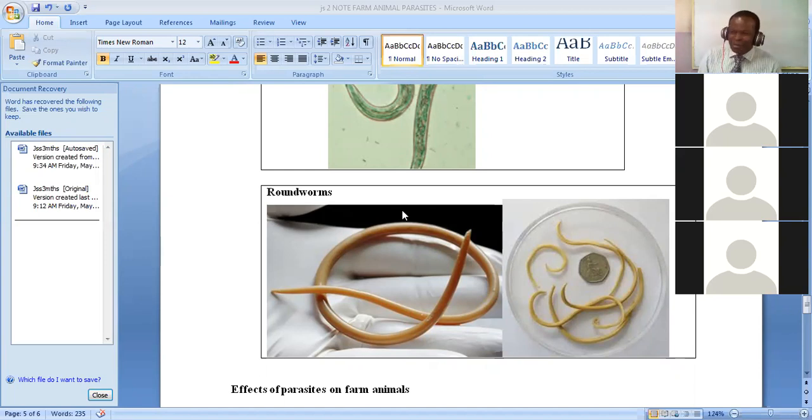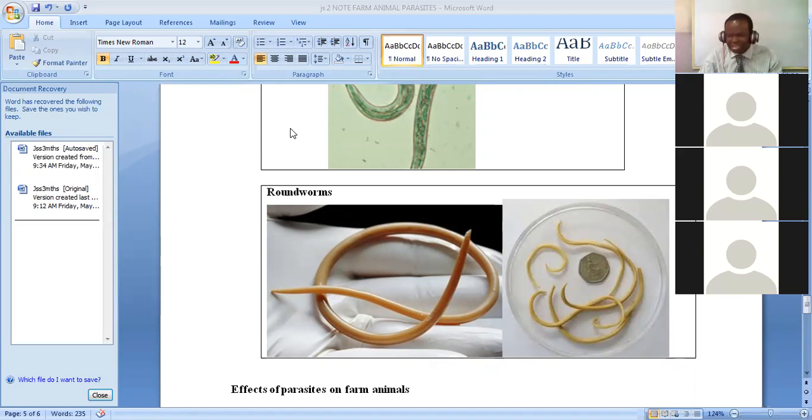Some of their eggs will be in the feces of the animal. So if the farmer is observant enough or has veterinarians around, they will observe these things. Are you getting what I'm saying? So those are the ways that the farmer will know that there are endoparasites in the animal.